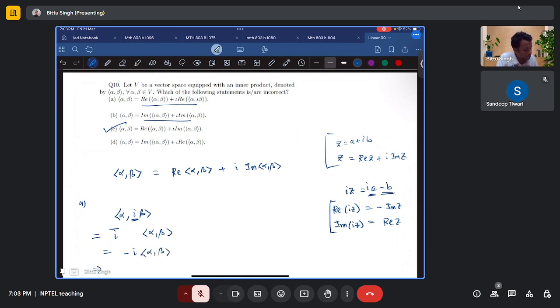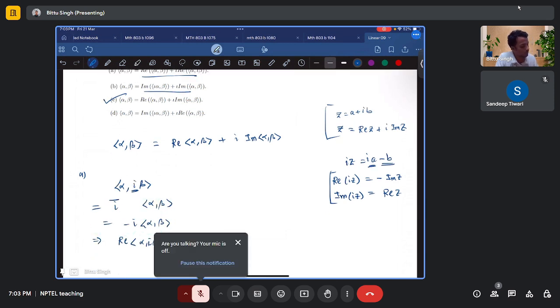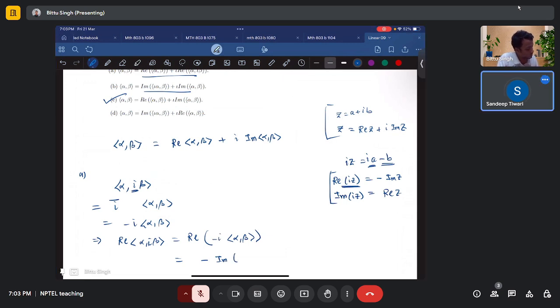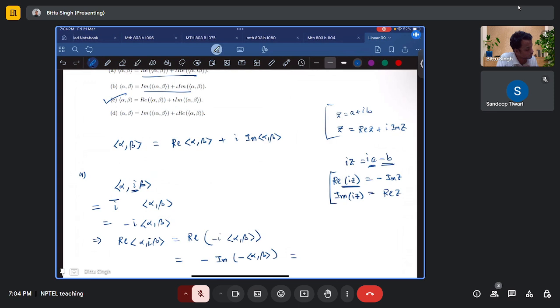So from here, the real part of alpha comma i beta is the same as the real part of minus i times alpha beta. But the real part of iz is the same as minus the imaginary part of z, so this is the same as minus of minus imaginary alpha beta, which is plus the imaginary part of alpha beta.